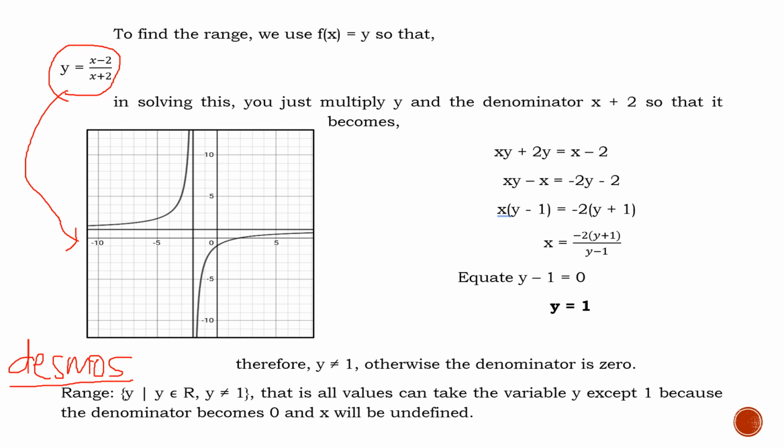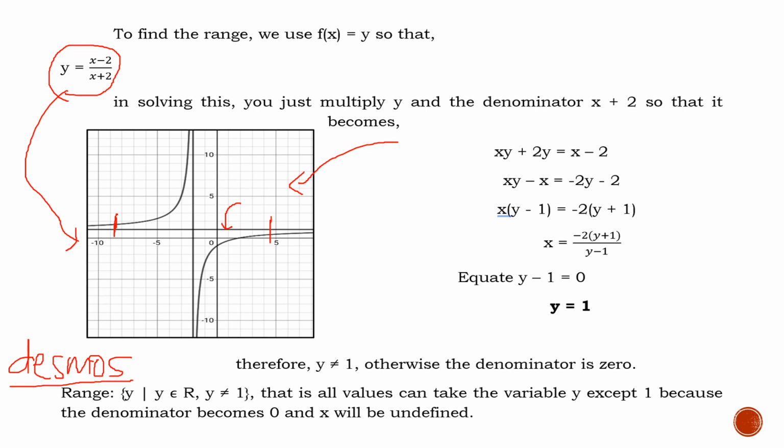So as we use Desmos, this will be the resulting graph for your rational function for example number 2. So as you can see here, there's a line here which is parallel to your x. So it will serve as your asymptote. So at some point here and at some point here, your graph will be parallel to this asymptote.